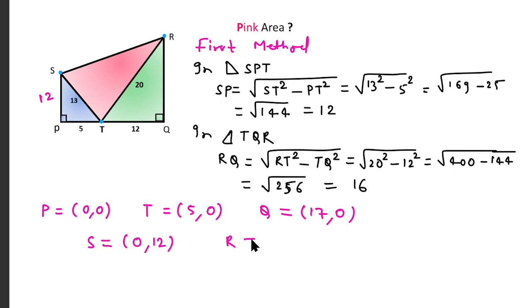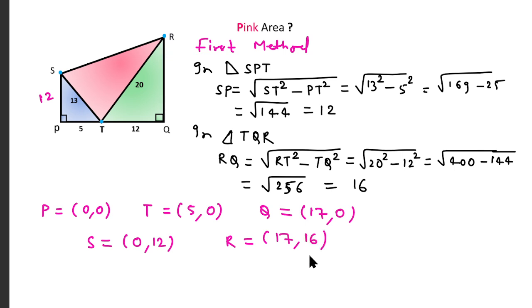Same R coordinates will be what? X coordinate will be the distance from the origin, that is 5 plus 12, 17, and Y coordinate will be the length of RQ, that is 16.